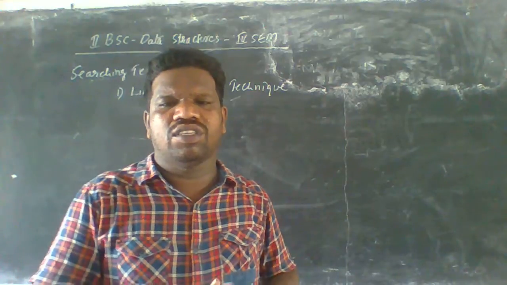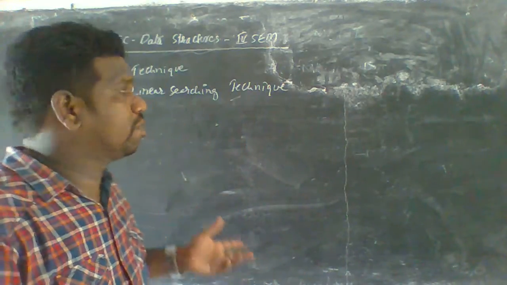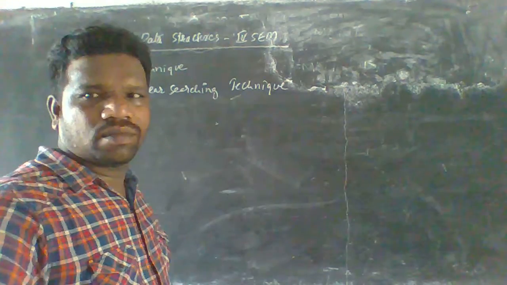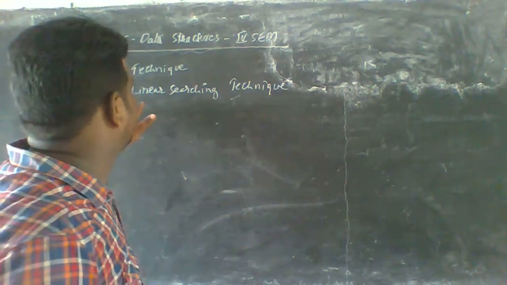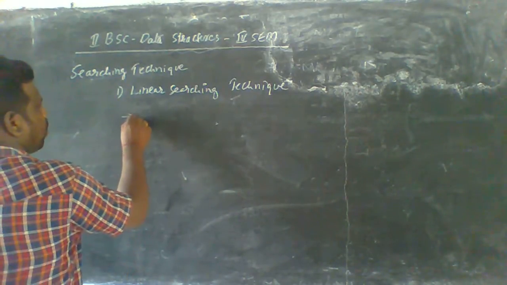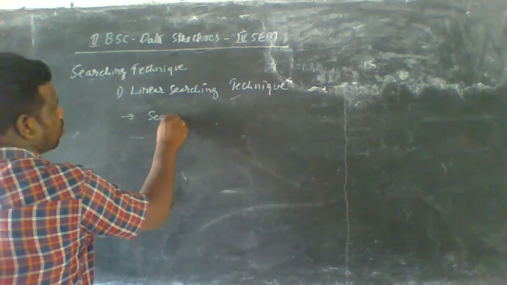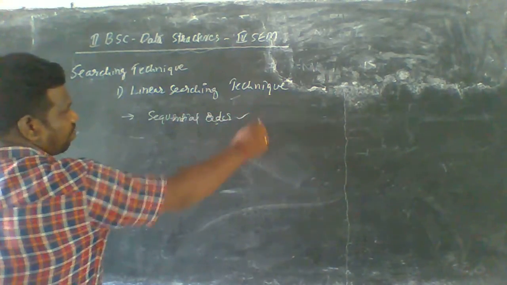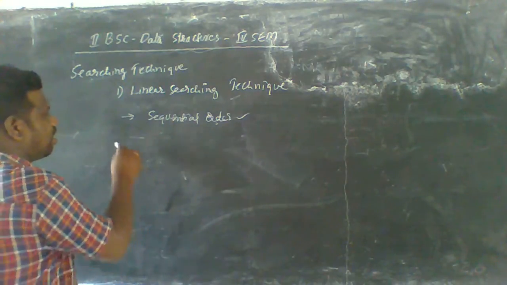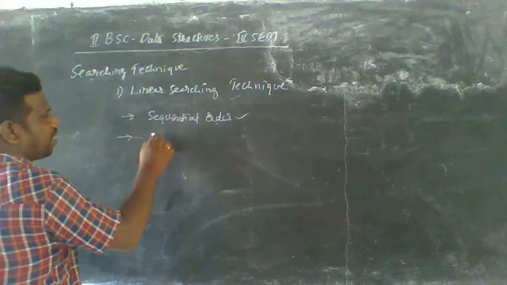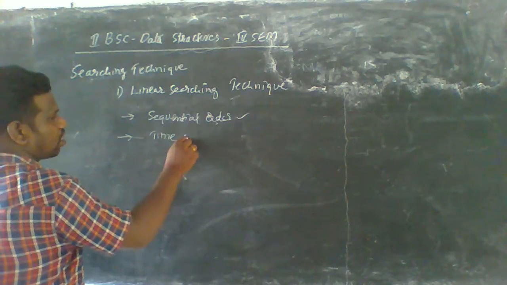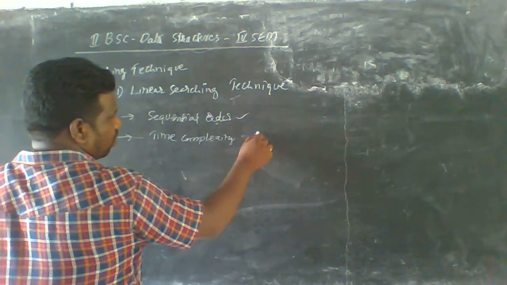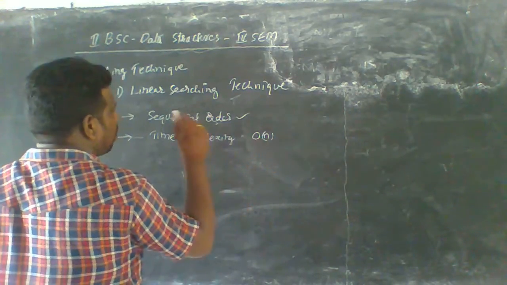Now I'm going to take an example. What does linear searching tell us here? It follows the sequential order, and the time complexity in the worst case is O(n).